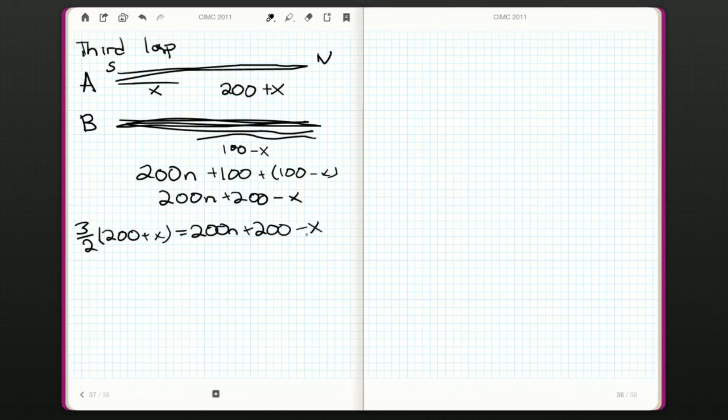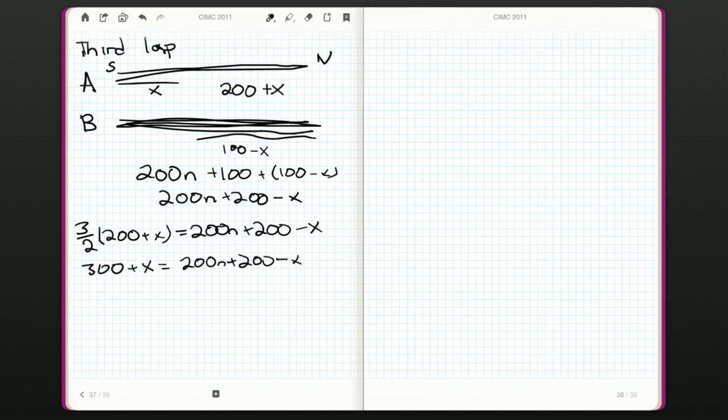All right. Any distance Alice has gone, Betty has gone 3 over 2 times that distance. So what is that? That's 300 plus X equals 200N plus 200 minus X. Now, being the third lap, we can know that N is not going to be 0, because Betty will have already done N equals 1.